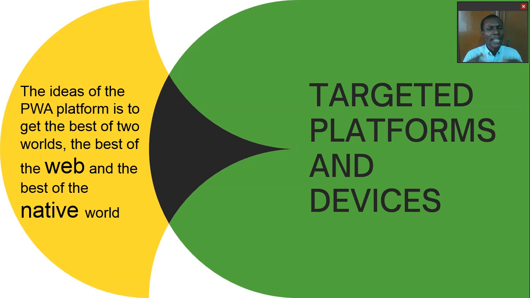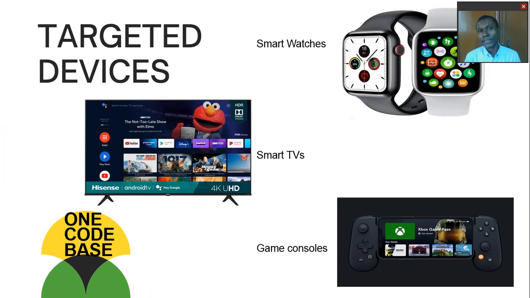So the idea of PWA is to get the web and the native and blend them perfectly and give users what they need, which is fast loading, offline access, small app size, background syncing, and a whole lot of benefits. All right, and these are some of the targeted devices that PWA can help you reach: smartwatches, smart TVs, game consoles.